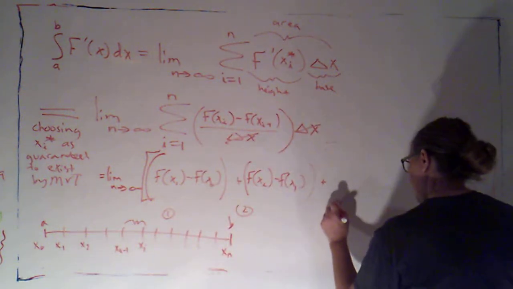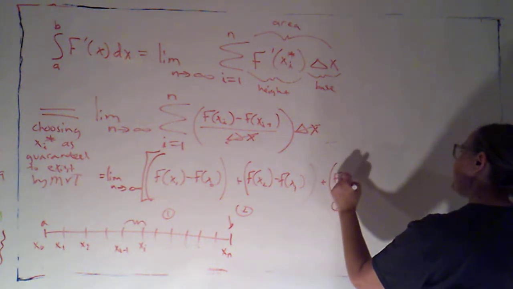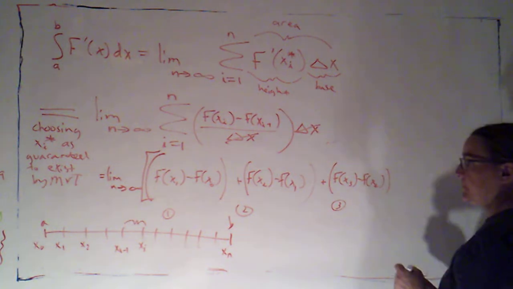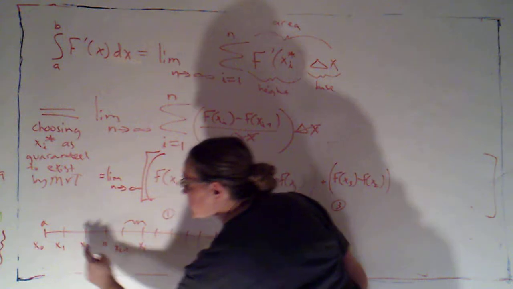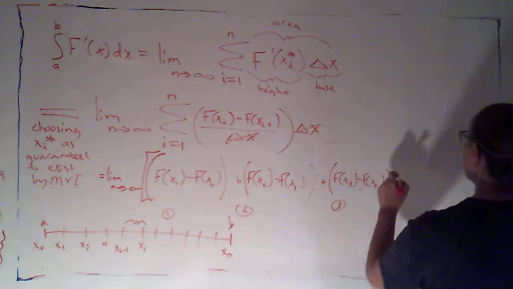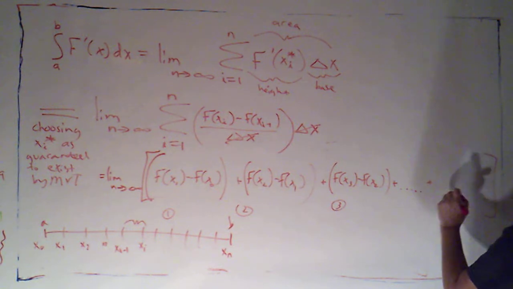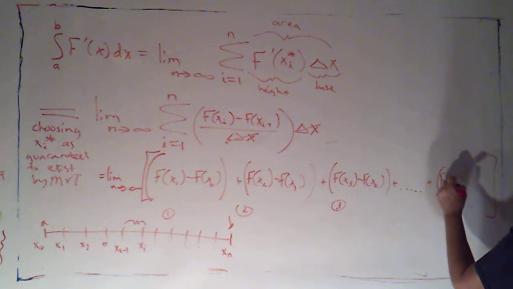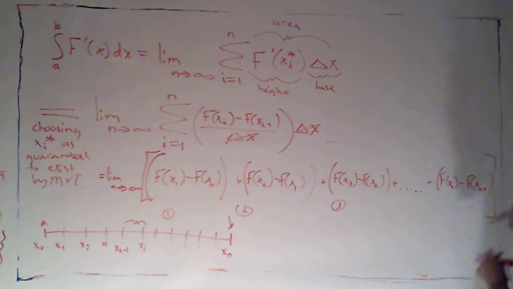Plus, when my index is 3, I'm going to be getting f of x3 minus f of x2. x3 would be my right endpoint, x2 is my left. Plus, dot, dot, dot. Okay. Plus, finally, for the last piece, I'll get f of xn minus f of xn minus 1.